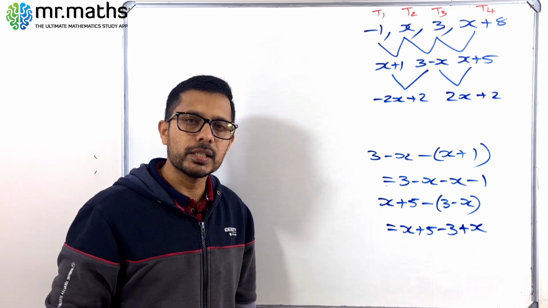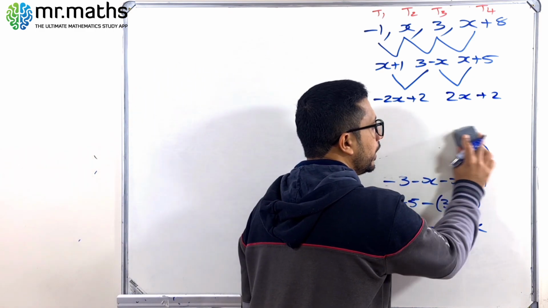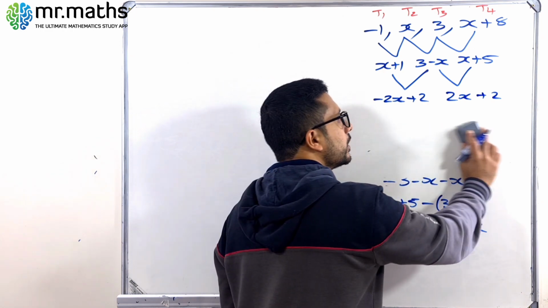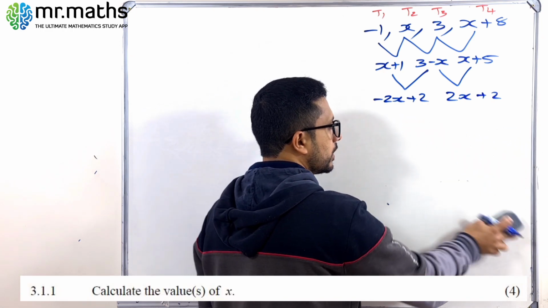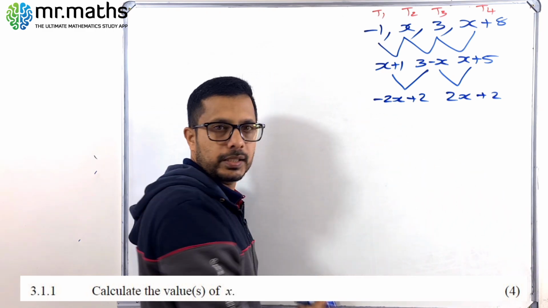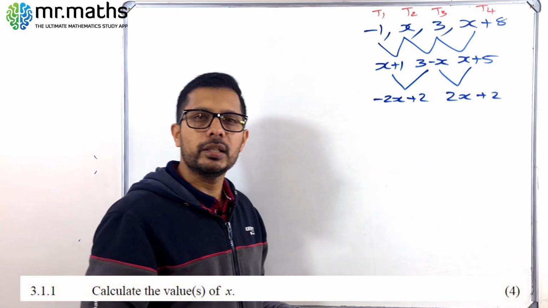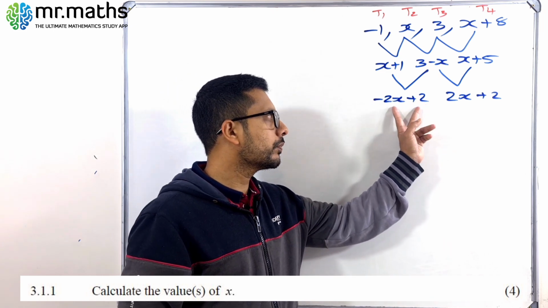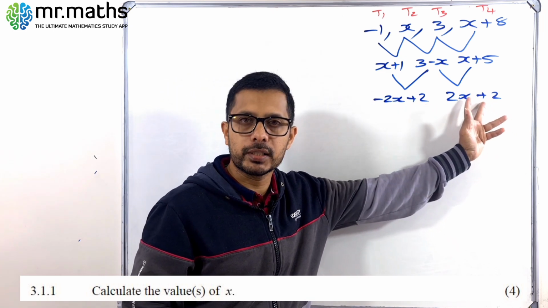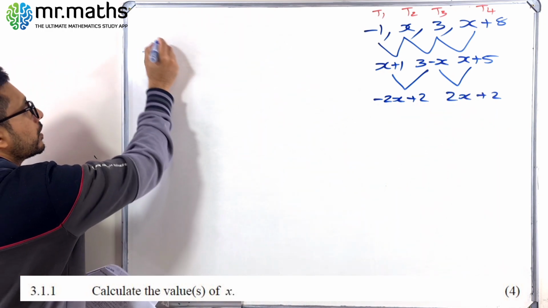Don't forget, what type of sequence is this? Quadratic sequence. If it is a quadratic sequence, what about the second difference? Second differences are the same. So the answer of this one and the answer of this one are the same thing.